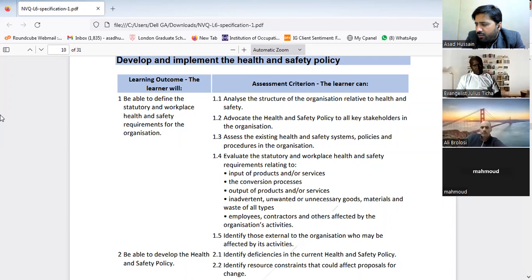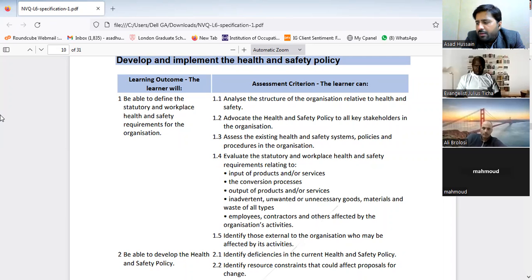So here, what you have to do is check for the statutory requirements. You know that for everything there are some regulations.